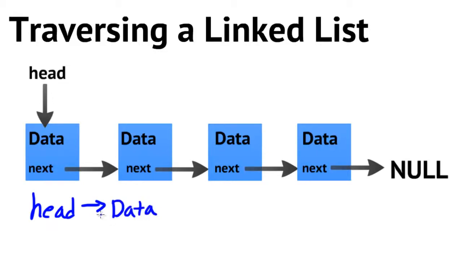So this version of the member access operator only works with pointers. If you don't have a pointer here, you could not use this version of the member access operator. So fundamentally what this thing is doing here is it's dereferencing our head pointer. So dereferencing our head pointer, and we know that dereferencing just simply means that we're getting the thing that the pointer is pointing to.